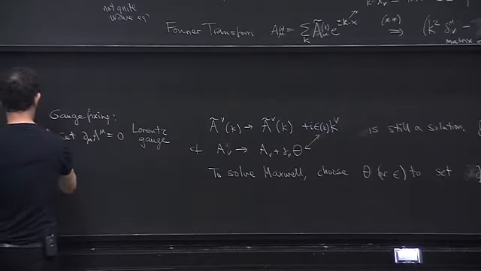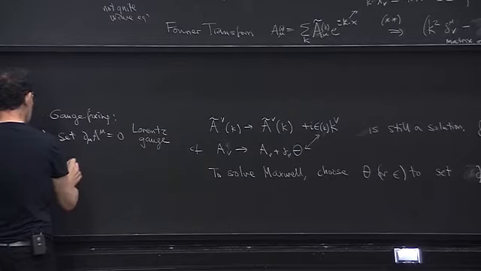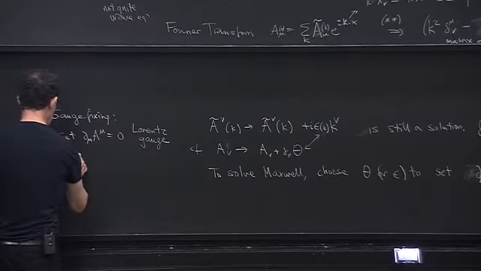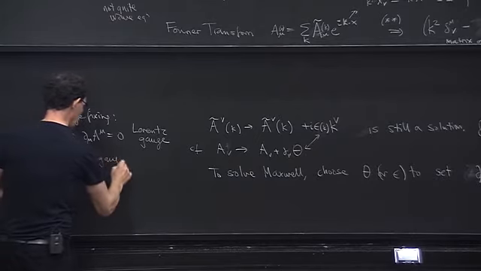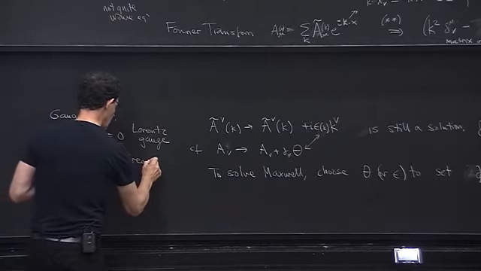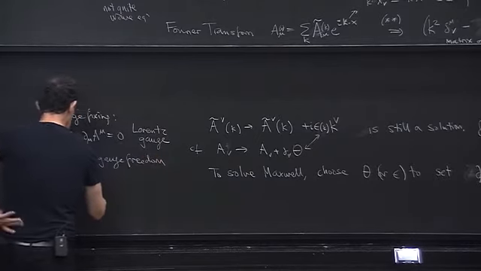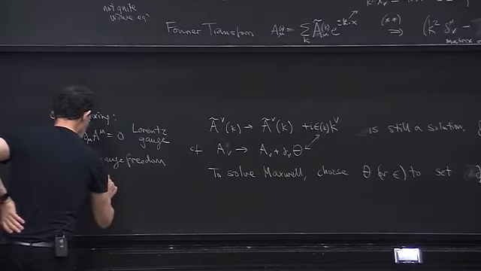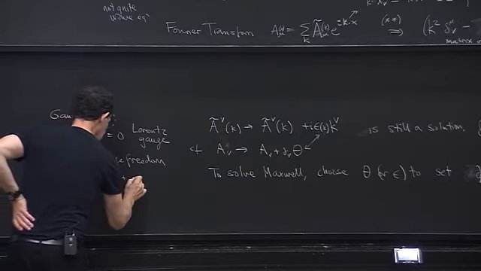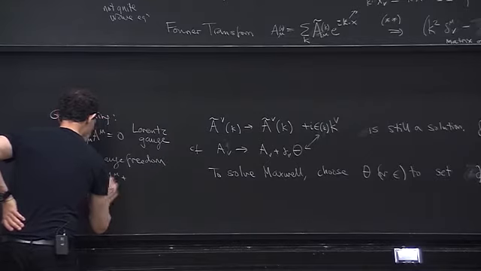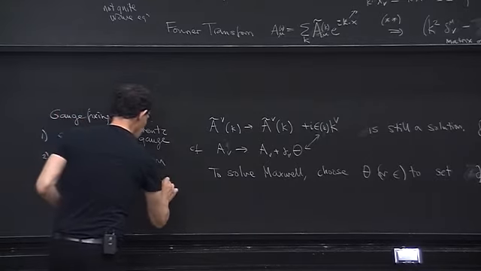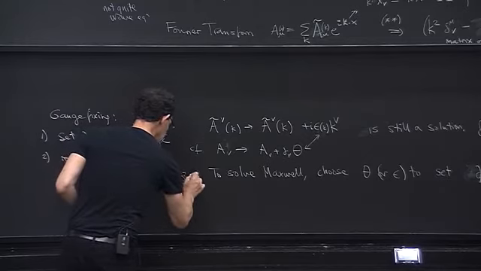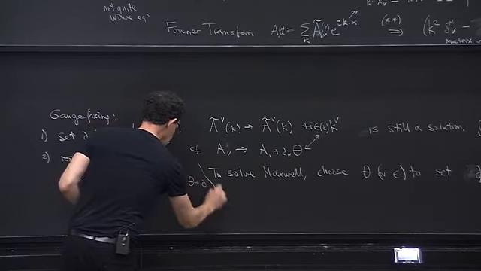And then you see that there is a residual gauge freedom, which is that a mu goes to a mu plus d mu theta with d squared theta equals 0.